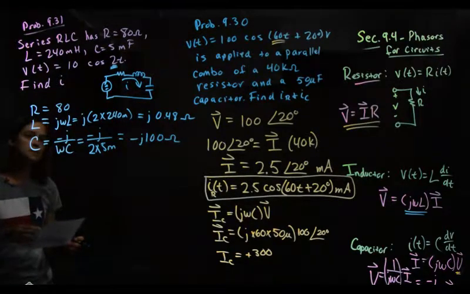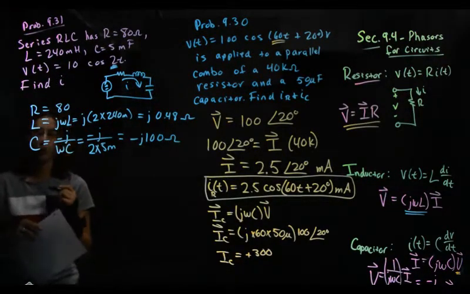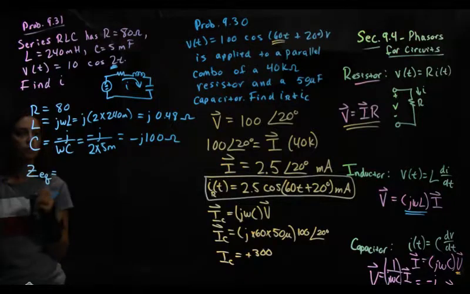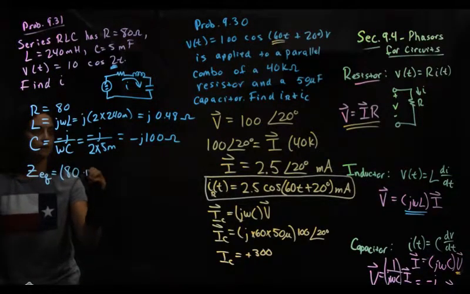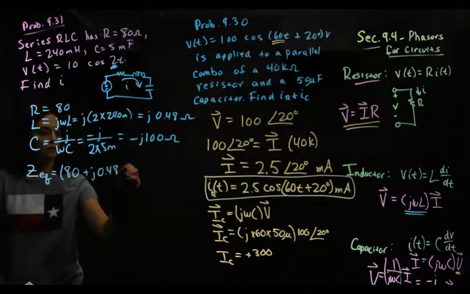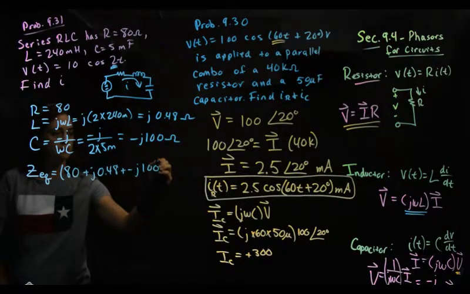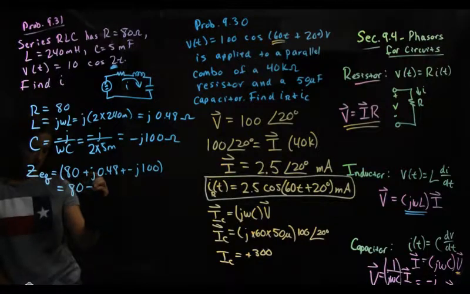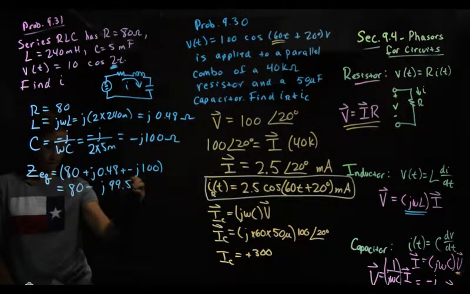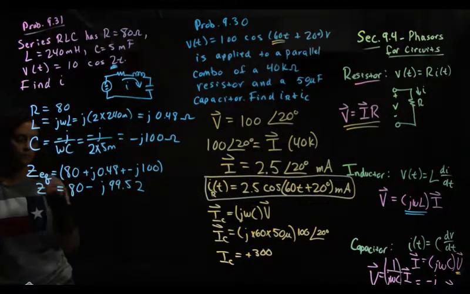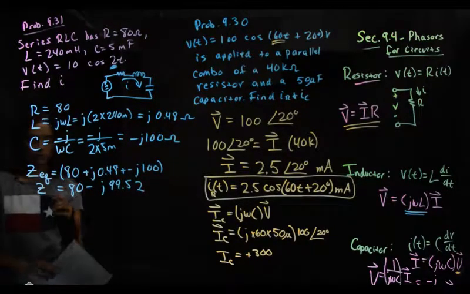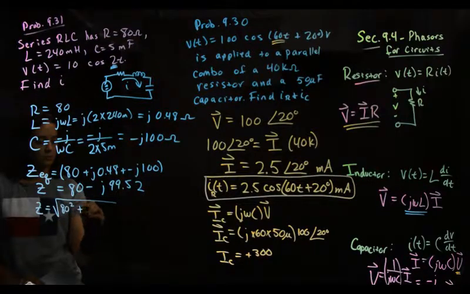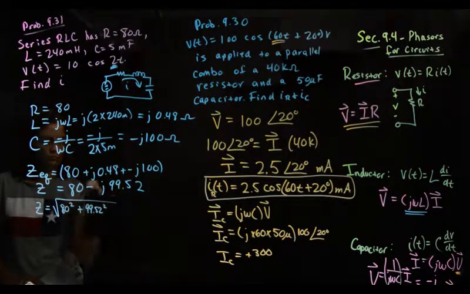I have all of those in series, right? My R, my L, and my C are all in series. So I can come up with an equivalent impedance, Z equivalent. That's 80 plus j0.48 plus minus j100. They're in series, so I just add them up. So I get 80 minus j99.52 is my Z. If I want to write that in phasor form, I have the square root of 80 squared plus 99.52 squared.